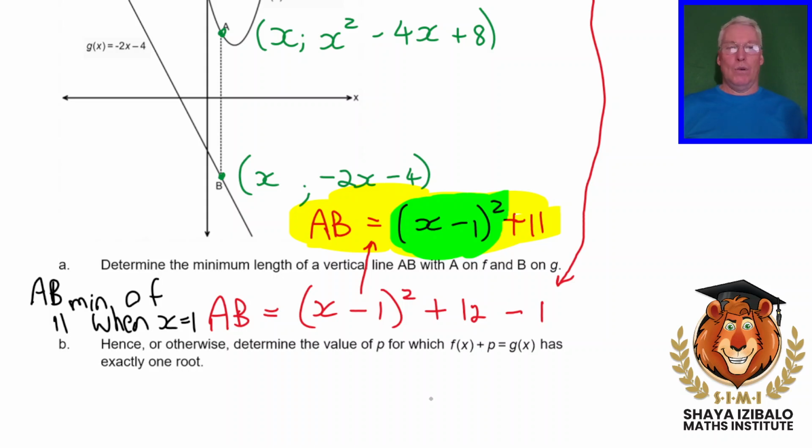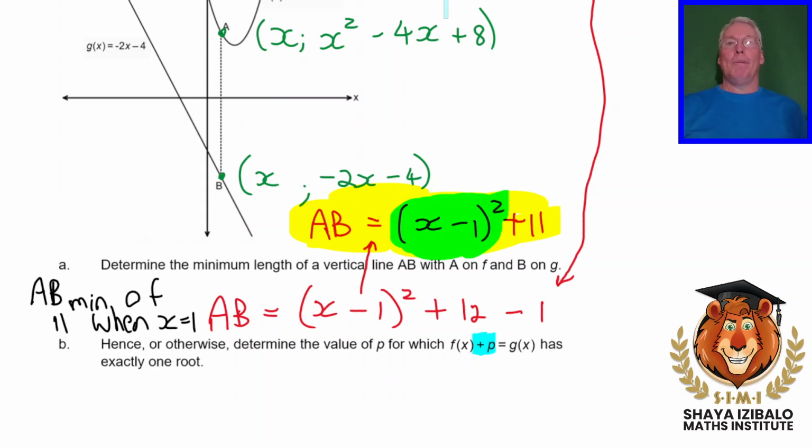Okay, right. Let's just have a look at a little picture of what's happening here now for the next part, because then it says, determine the value of p for which f of x plus p equals g of x has exactly one root. Now this here is going to be a vertical shift. At the moment, the graphs do not intersect. The parabola does not hit the straight line graph.